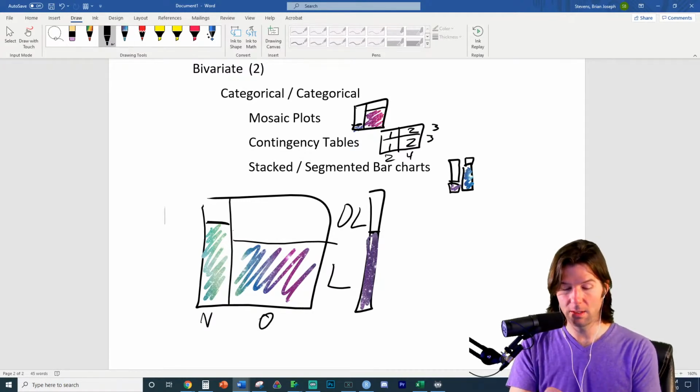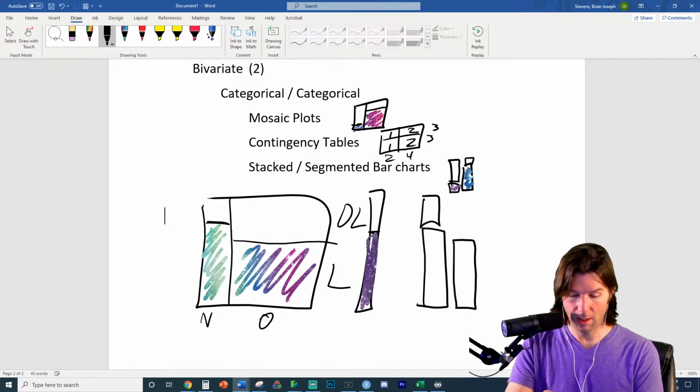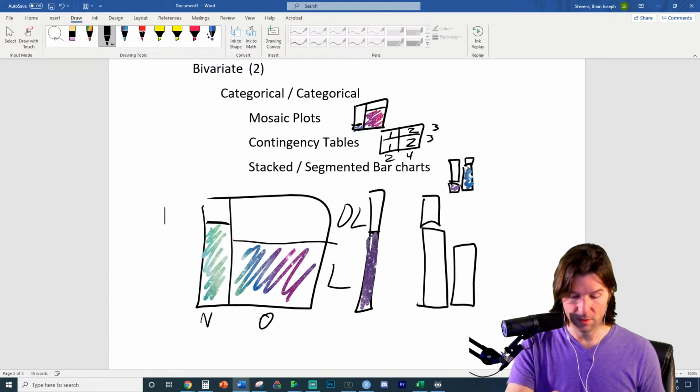If you turn this into a stacked or segmented bar chart, it would look something like this, where we get the bar chart for the new product and then the bar chart for the old product, and you don't have the marginal distributions. That's why I'm kind of against it. It would look the same, but you don't have the widths of the bars on the bottom.